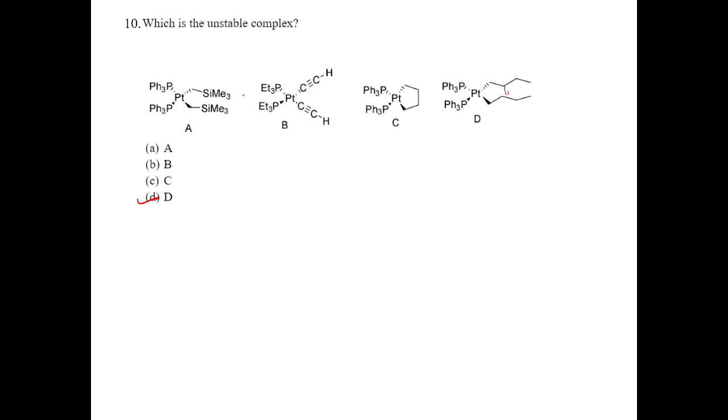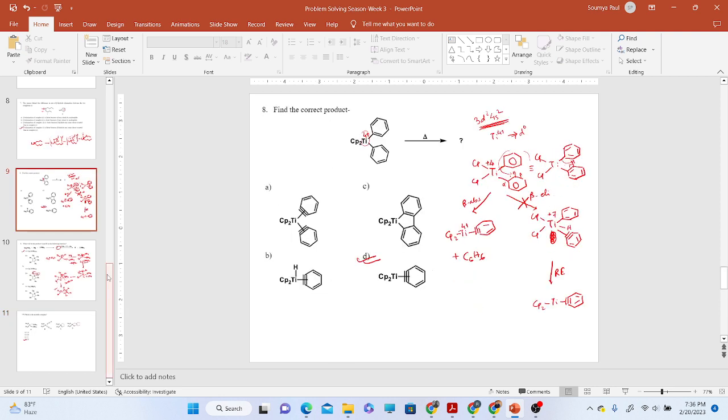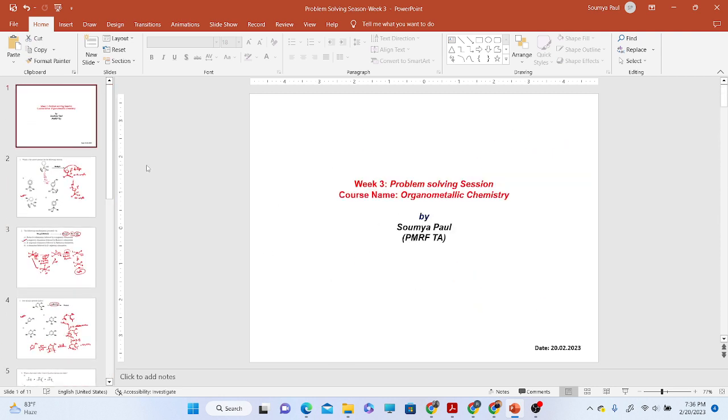Okay, I am Soumya. I'm a Bengali, so I am showing my name, which will be easier for you to remember. I am a PMRF fellow at IISER Kolkata. I am a third year PhD student, and actually this is not my field.